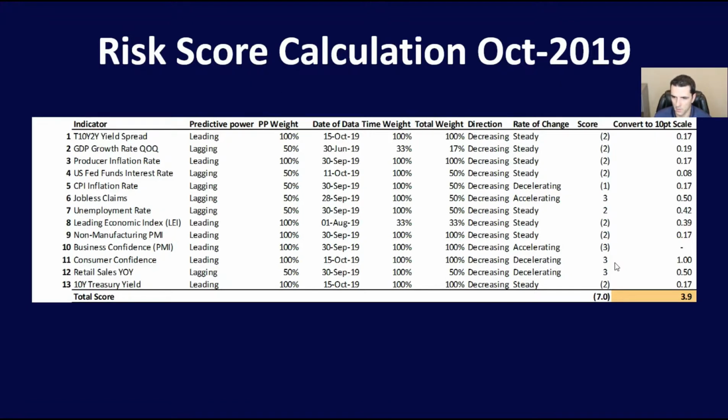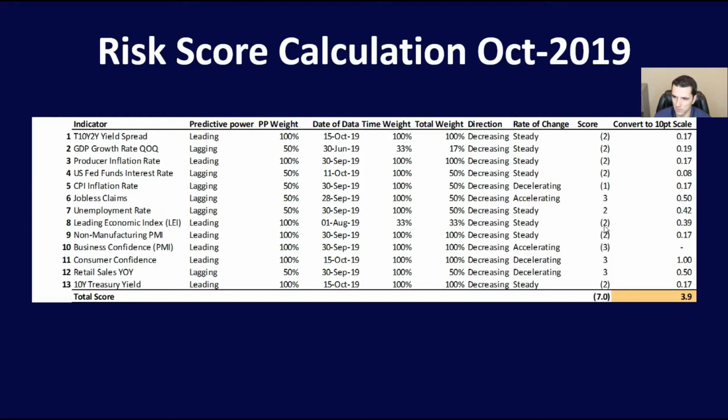The one that was a little bit of an anomaly last month was the non-manufacturing PMI. That was actually showing a positive, whereas the manufacturing PMI, the business confidence indicator, was negative.